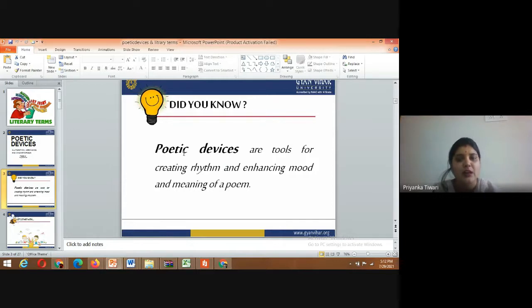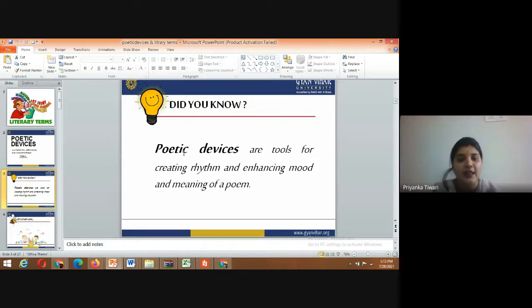In English literature, we must have knowledge of poetry devices and literary terms and their different meanings and different examples.